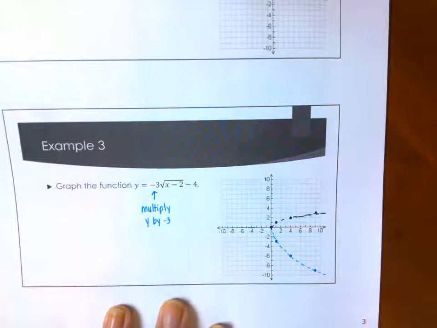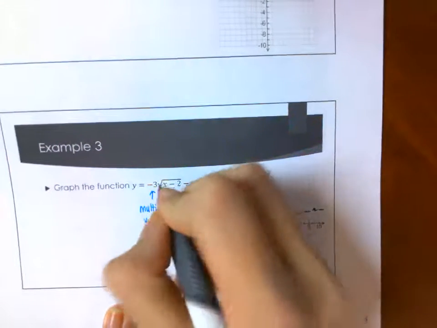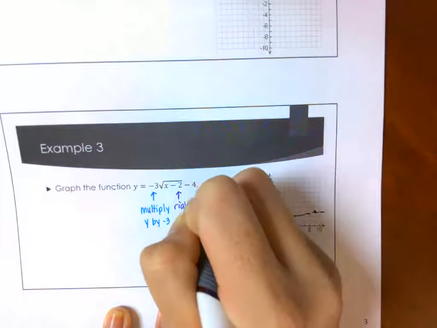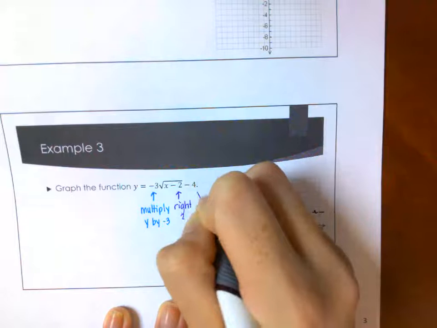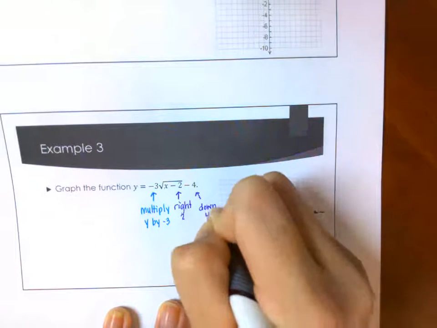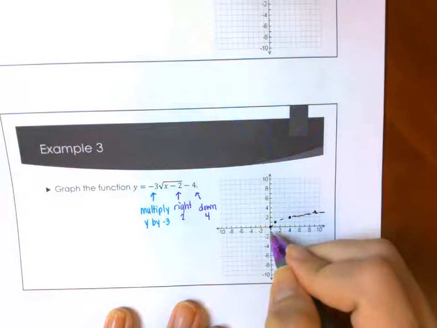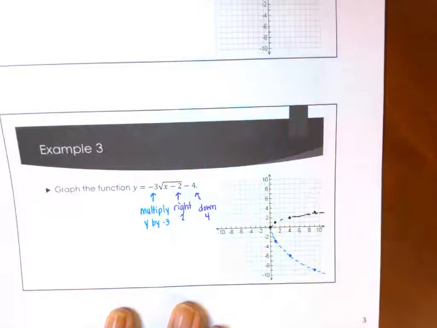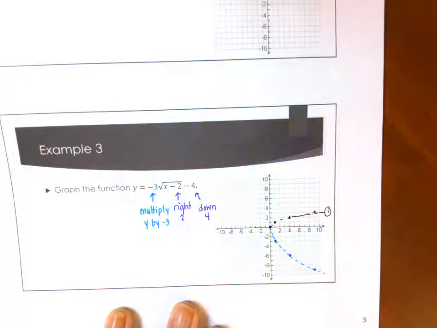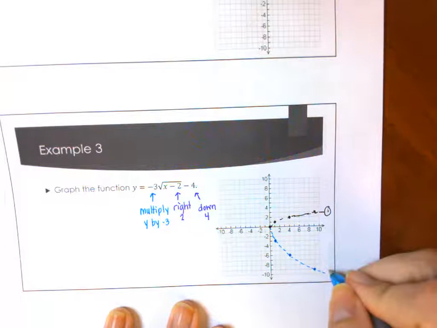So what translation is happening here? This is moving right 2 and down 4. So each point of my new, let me number these actually, sometimes that helps. This was my first graph. This is my second.